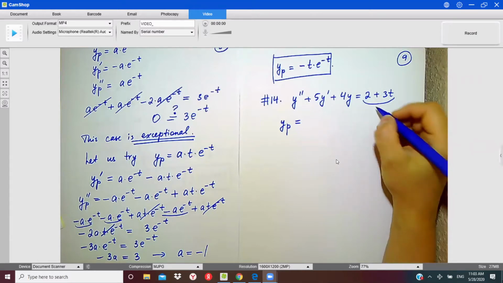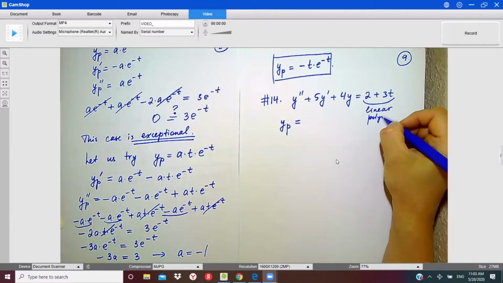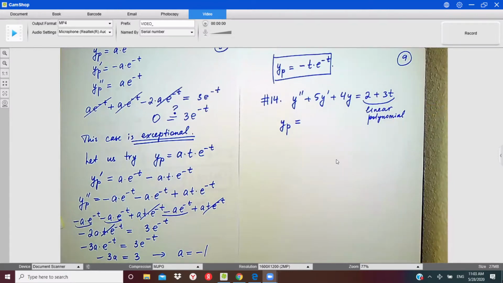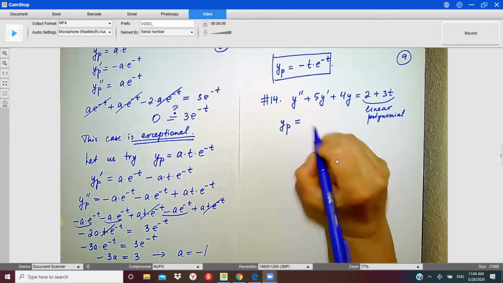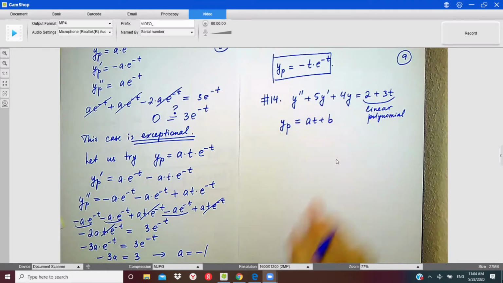What do we call it? Linear? That's right, it's a linear polynomial. Excellent. So when you differentiate a polynomial, you get a polynomial. Therefore, we will be looking for y particular in the form at plus b, which is a linear polynomial.